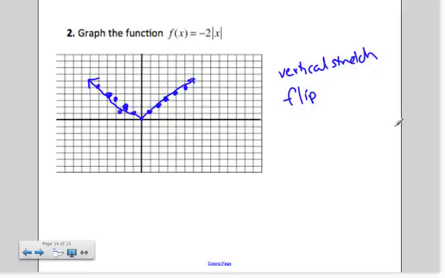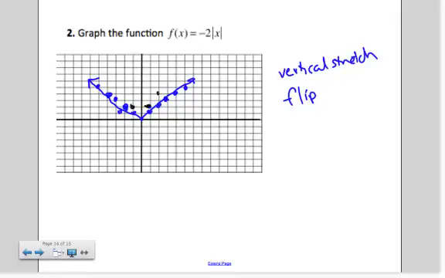So what this graph is going to do is take all of the vertical values and stretch them. So instead of having a slope of 1, I'm going to have a slope of 2. And then I'm going to flip it. So I'm going to just multiply everything by 2 first so you can see the vertical stretch. So here's 1.